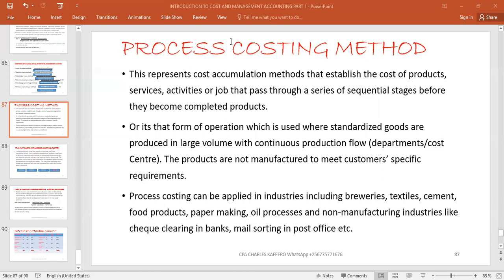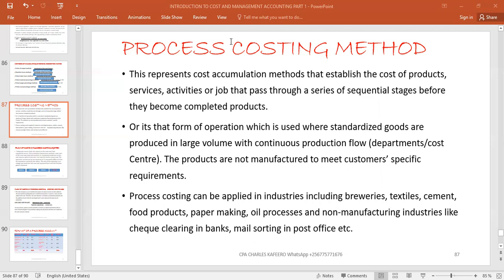to or represents a cost accumulation method that establishes the cost of a product or the cost of products, services, activities, or a job that passes through a series of sequential stages before they become complete products. Here, what we are saying is that the products we are producing go through different stages. And in each stage, we use different raw materials and we incur different costs in the production.